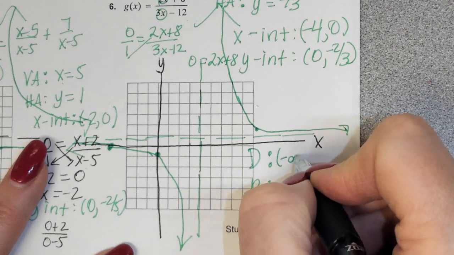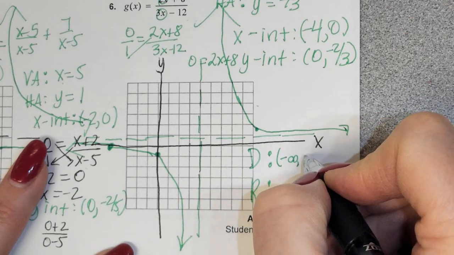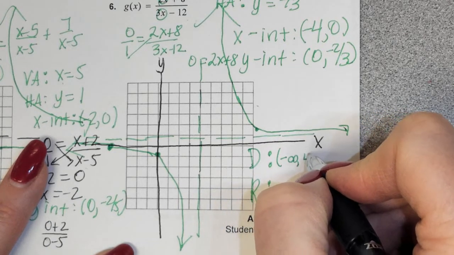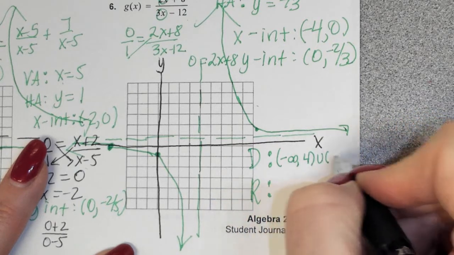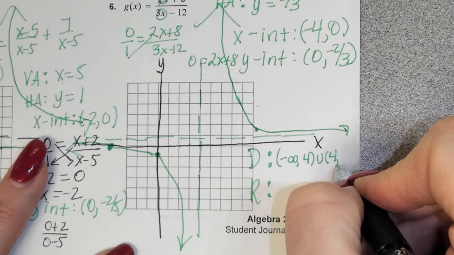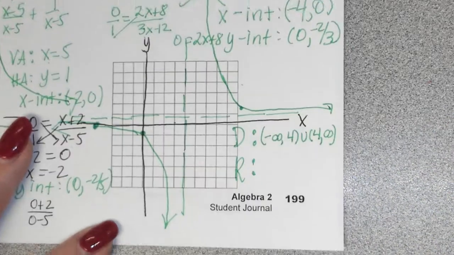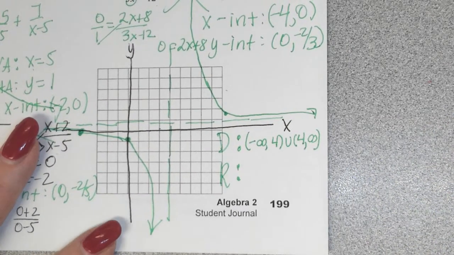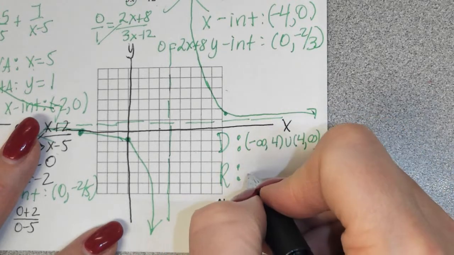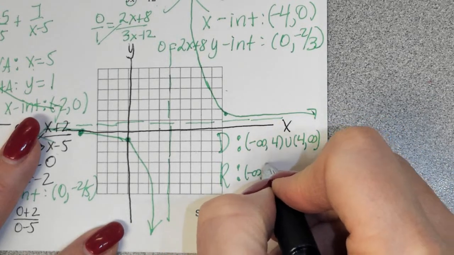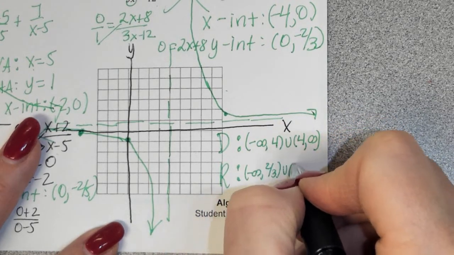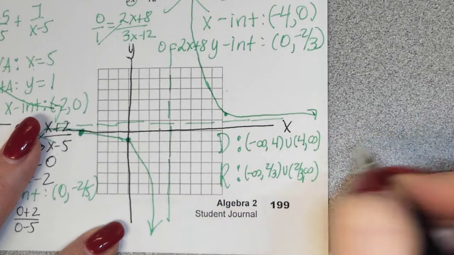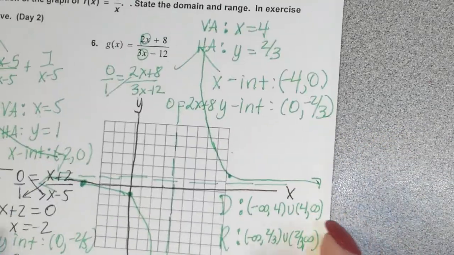Negative infinity to 5 or 4. 4. And then union 4 to positive infinity. Good. So there's our domain. And then what about our range? Kayla, do you have the range? Negative infinity to 2/3. Great. Makes sense there?